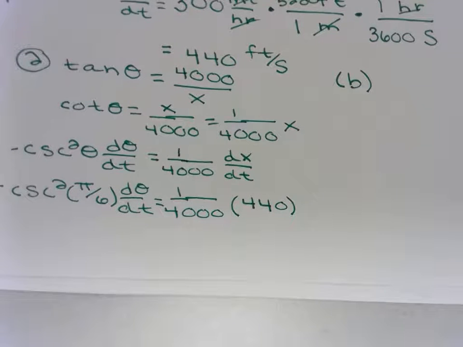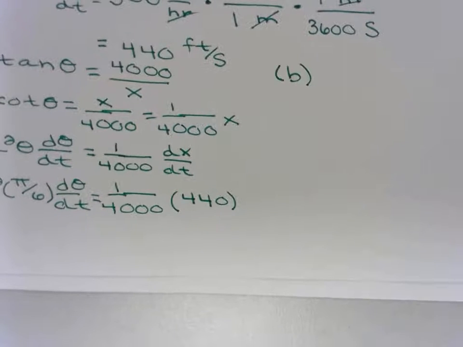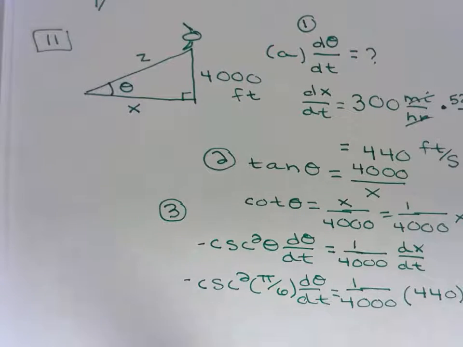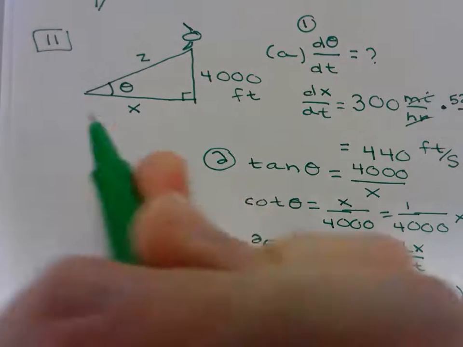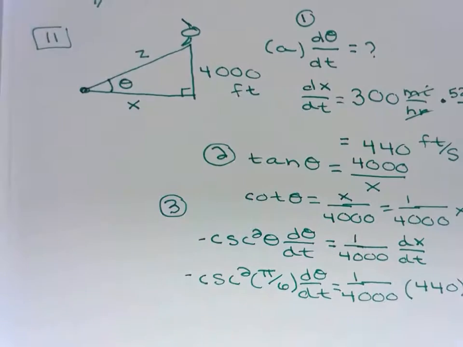So what, as I'm looking at this, I want to know the distance between my observation point, which is down here, and the aircraft. I want to know how it's changing.